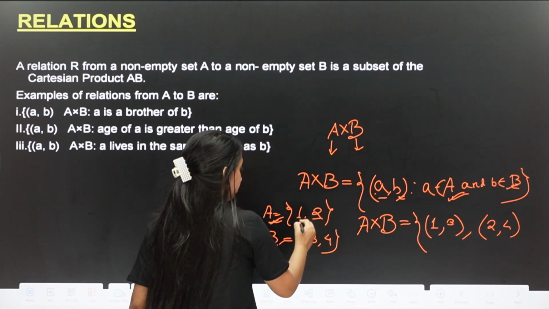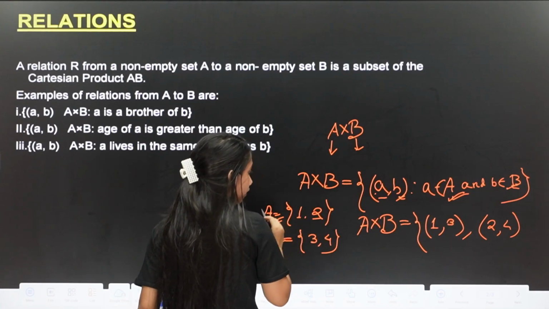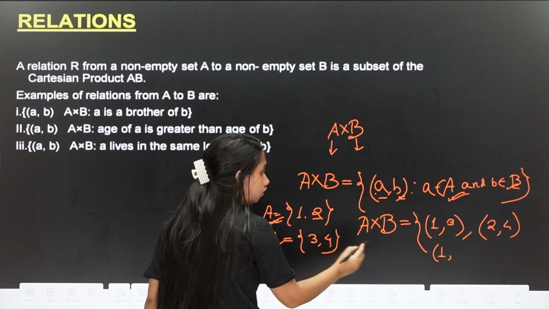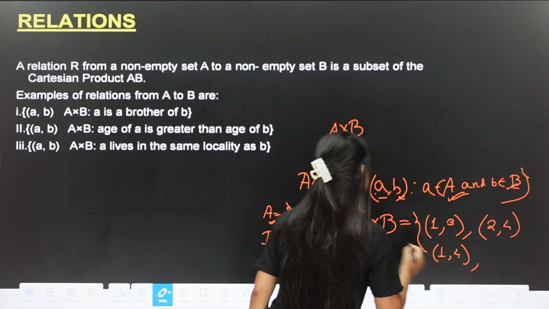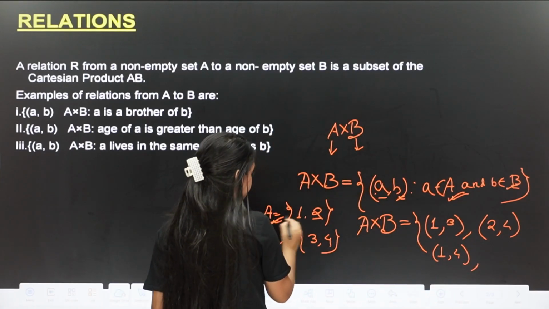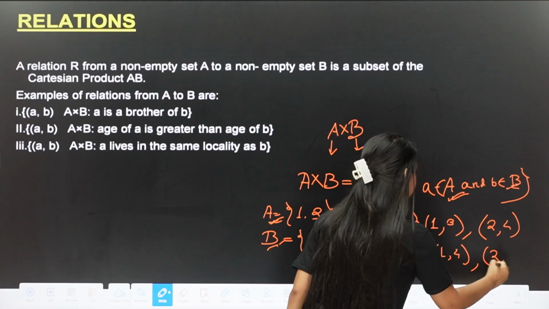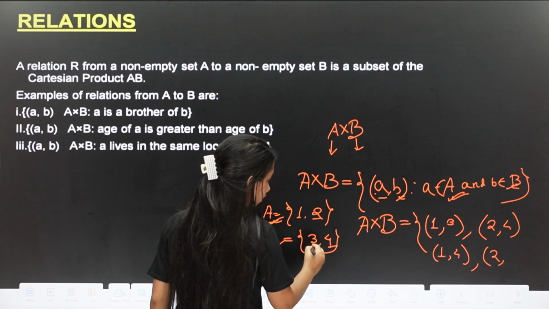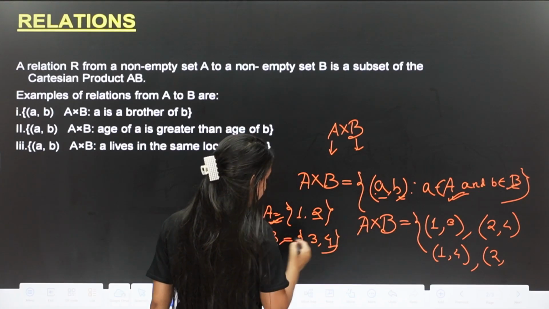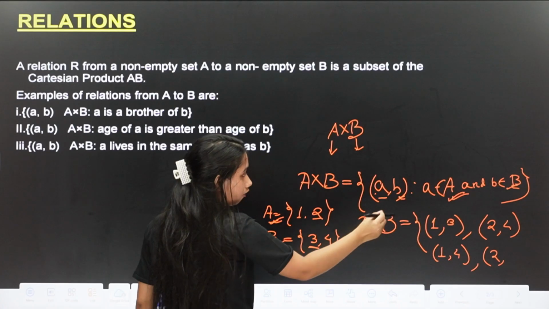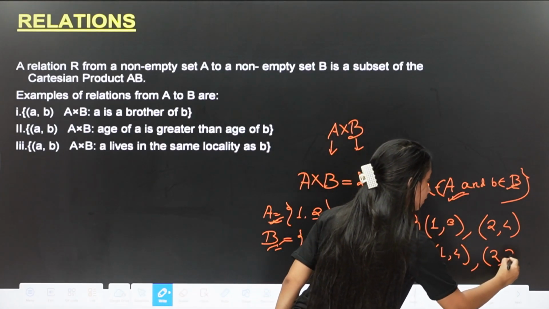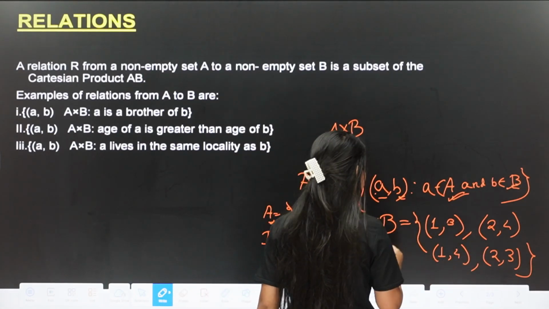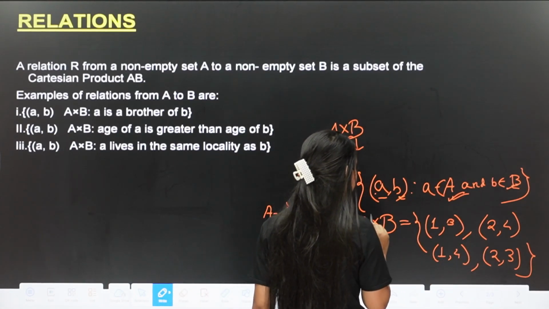Again, if we take 1 from A and 4 from B, then (1, 4). Again, a is 2 and b is 4, so (2, 4). And if we take b as 3, because 4 is already written, it will be (2, 3). So all these ordered pairs represent A cross B, the Cartesian product.